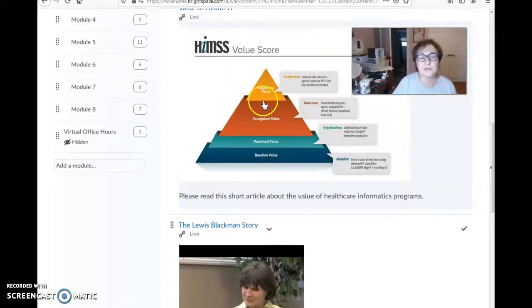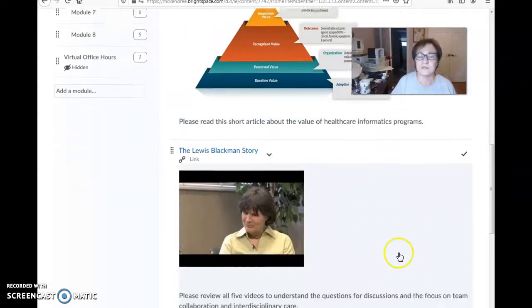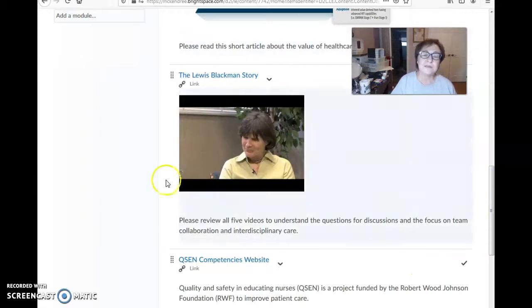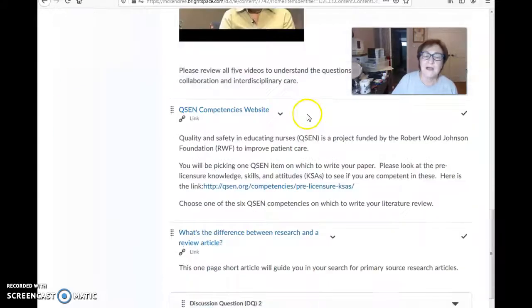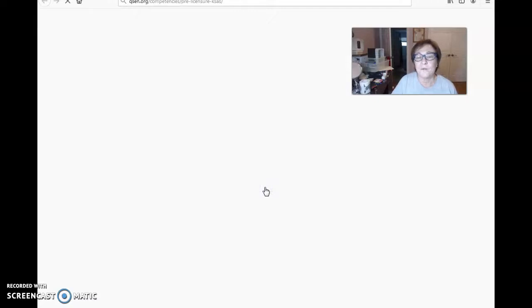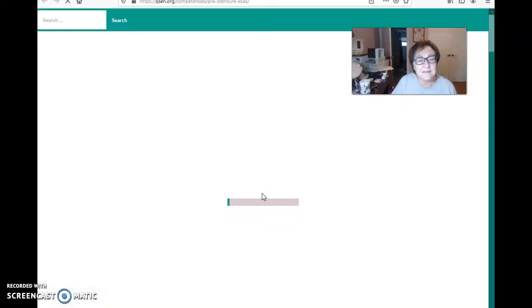Here is just a little chart that shows you how they value healthcare informatics. Healthcare informatics is one of the QSEN competencies. If you read this heartbreaking story from Lewis Blackman's mom, that will take you to your discussion question. And then here is the website. If you would go there right here, you will see what we call the KSAs.